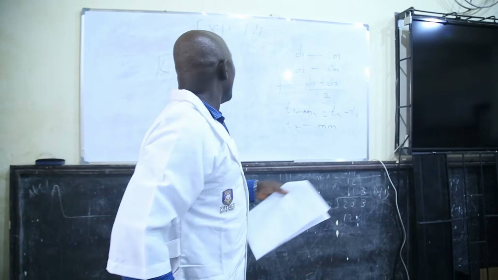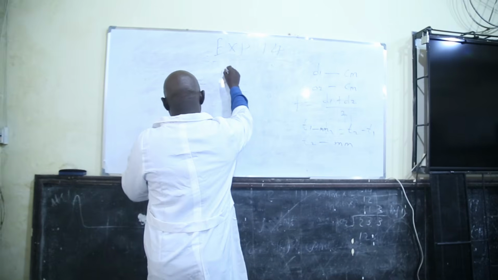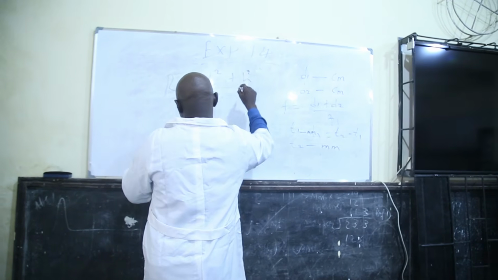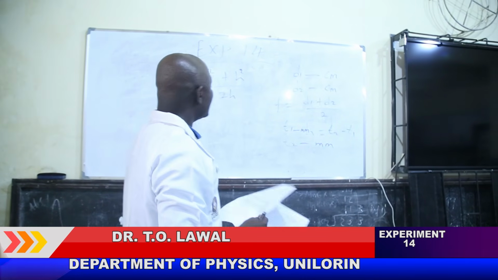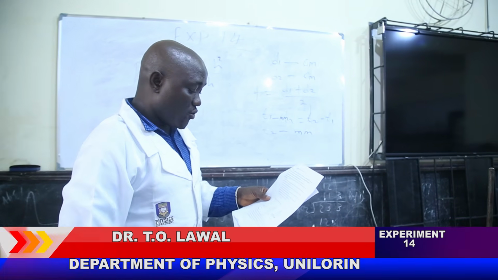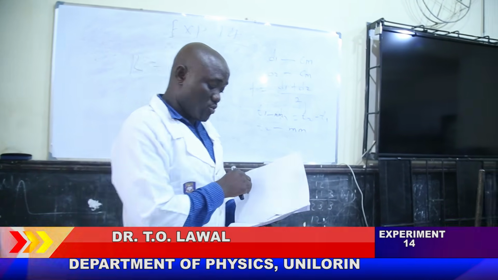So I believe your R is equal to L squared plus H squared, then all over 2H. This value was actually obtained using Pythagoras theorem of figure 14.2, if you look at your manual.